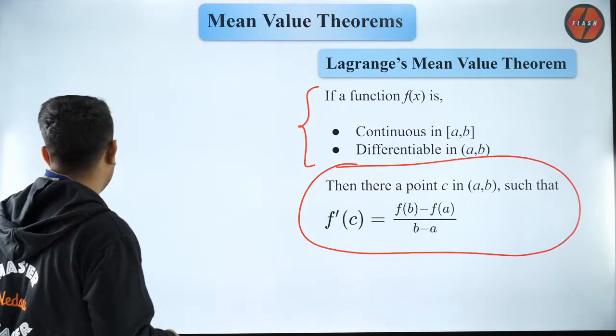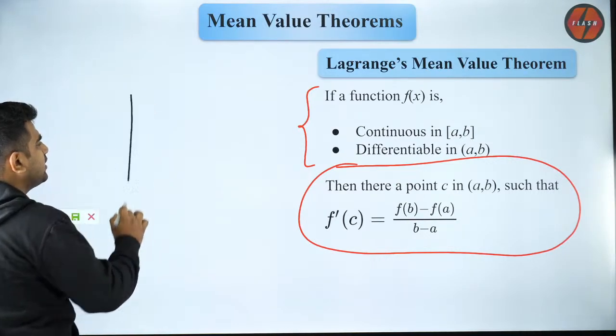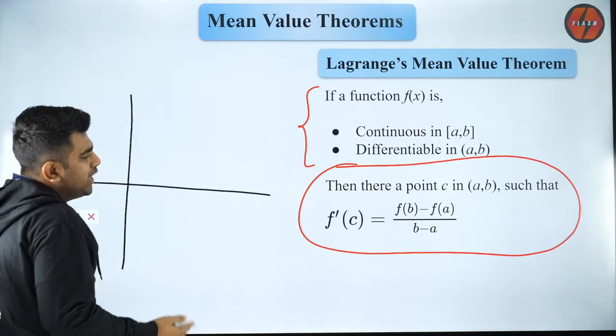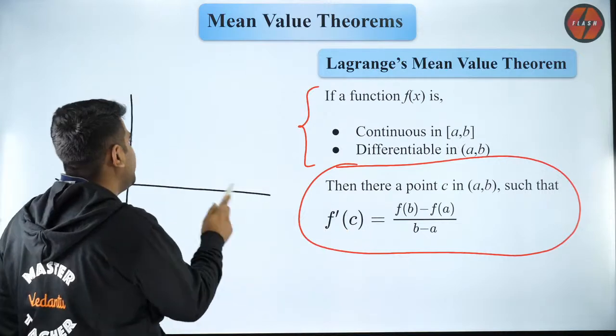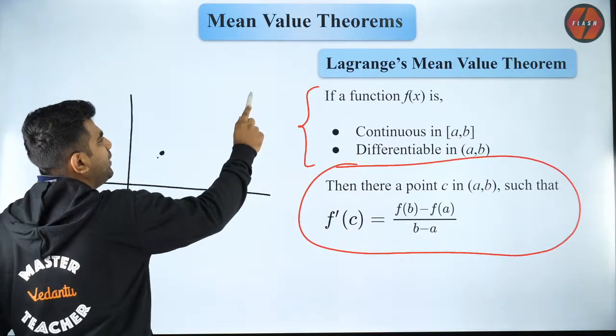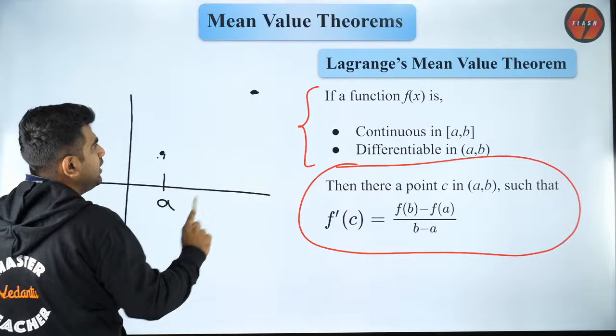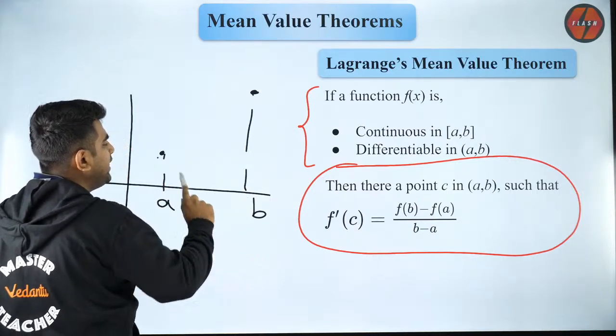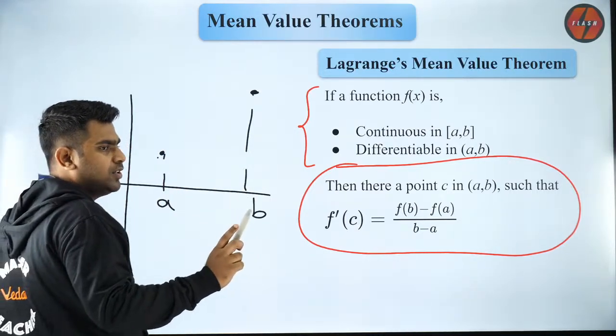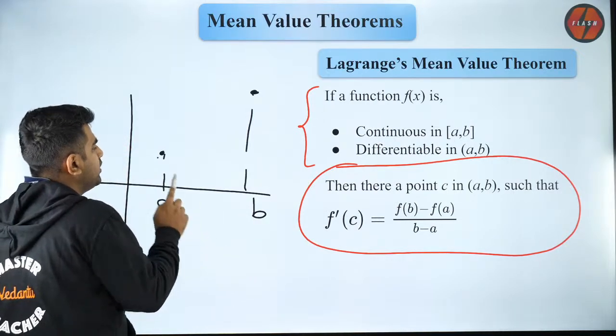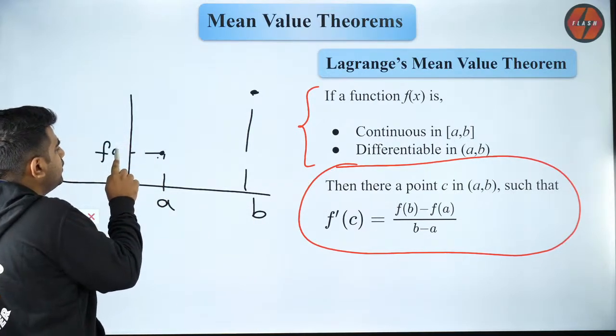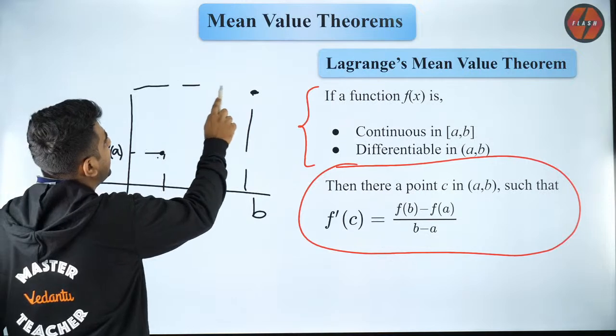So let's discuss mean value theorem first. Now here f of a and f of b need not be the same. So let us say a is here, b is here. This is my a and this is my b. Now it is continuous and differentiable. Don't you guys agree this is f of a? And don't you guys agree this is f of b?